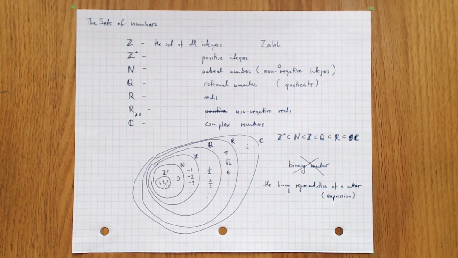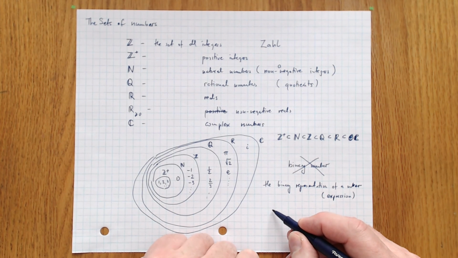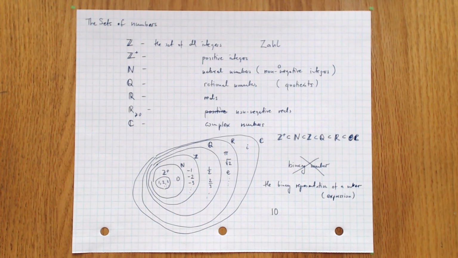Every number can be represented in the binary system, base 2, and alternatively can be represented in the decimal system. For instance, the number 2 is written as 1, 0 in binary. The same number is written as 2 in decimal.